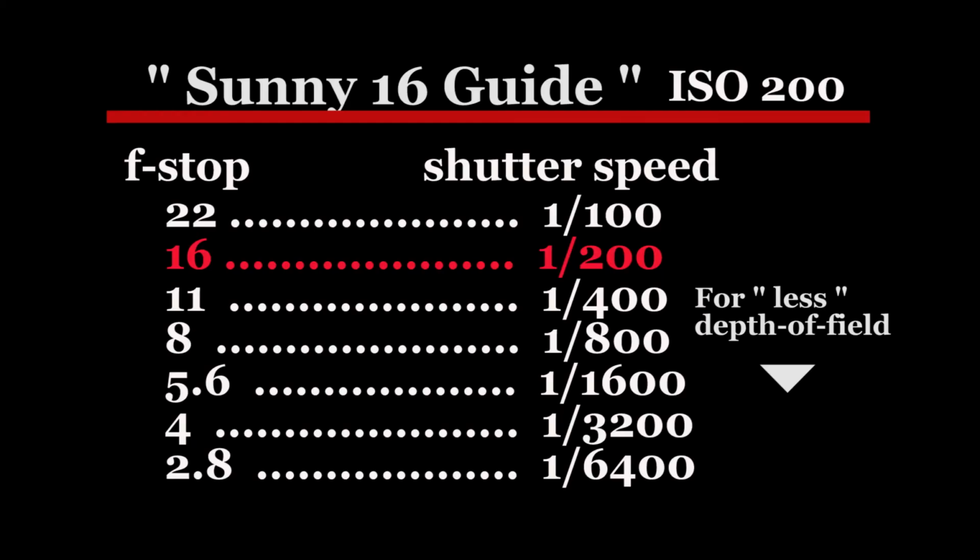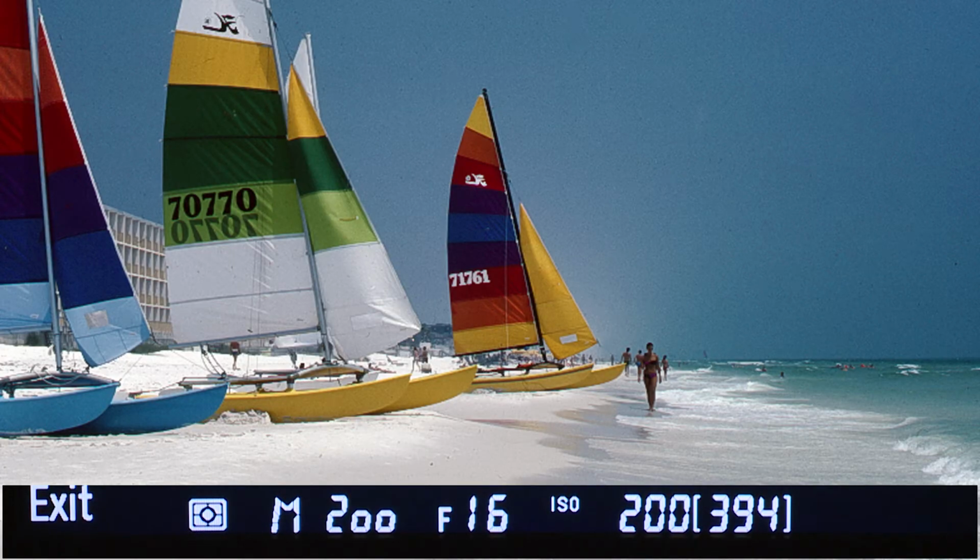For example, an ISO setting of 200 refers to the correct shutter speed with the f-stop set at f16 if you are shooting a scene or subject outside on a clear, bright, sunny day with shadows on the ground.